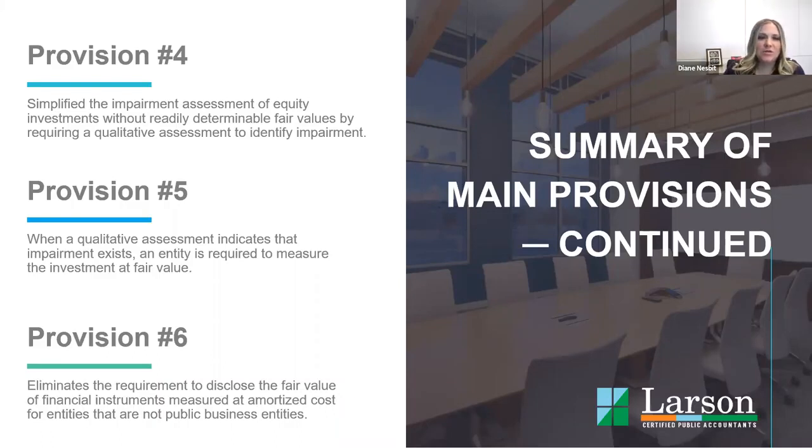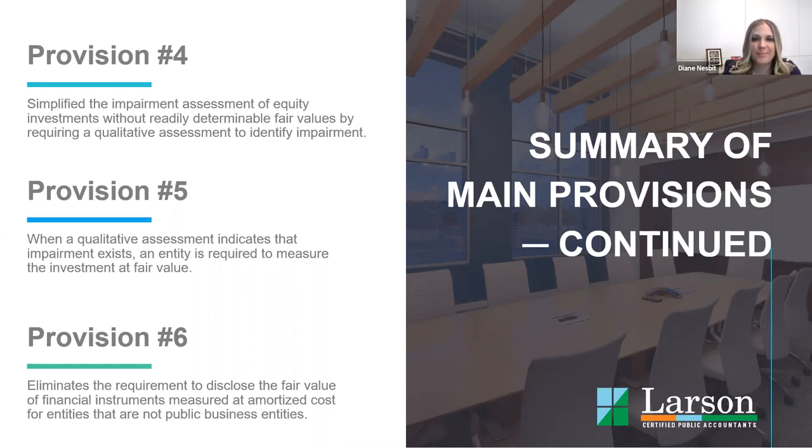Maybe before it was solely quantitative, but there's also qualitative information to be considered, that simplified things there. When a qualitative assessment indicates that impairment does exist, an entity is required to measure the investment at fair value. So whatever observable inputs you have to help make that measure of fair value, that would be required.